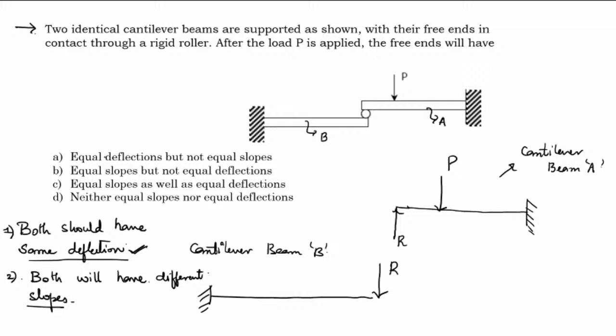So option A says equal deflections but not equal slopes, right? So this is one question where you have seen some logical reasoning.